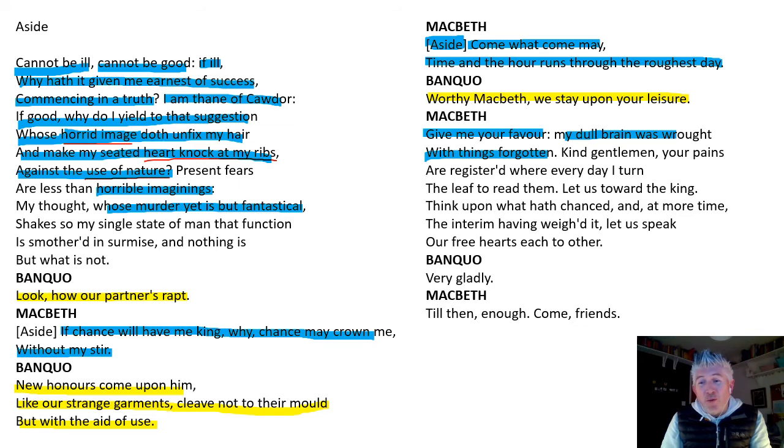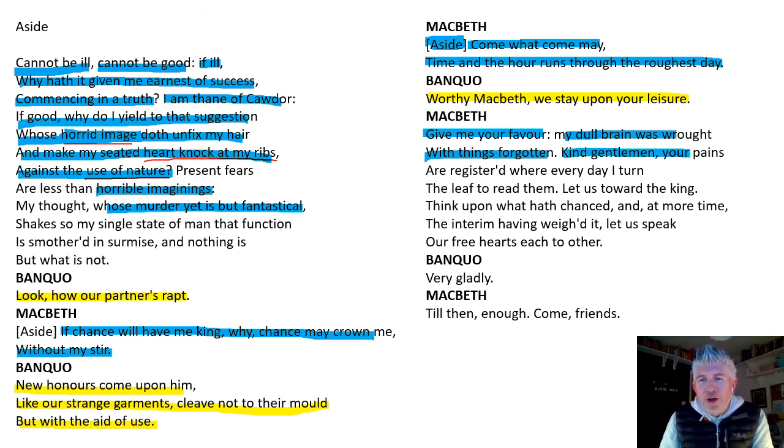But it is a lie. We know what he was thinking, and he's already lying to Banquo, his best friend. So again, it just shows that his character is already turning towards the dark side a little bit, without anyone else really doing any manipulation of him. This is all his internal thoughts from his own brain, his own personality.